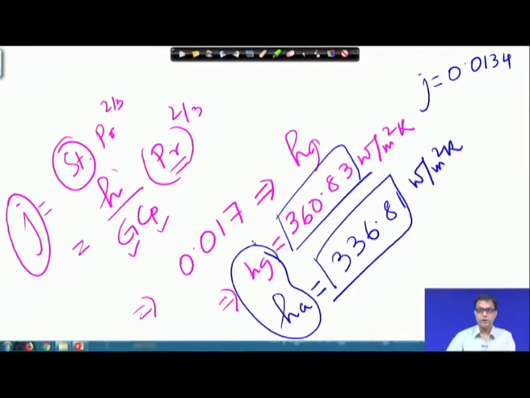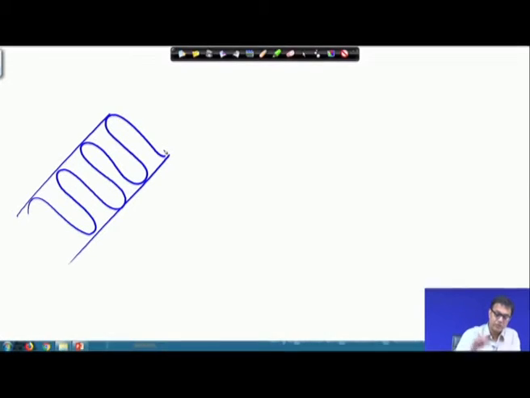Next, we need to find out the overall fin efficiency. Since the fins are connected between the plates, we need to also know the fin efficiency so that we can put that in 1 by UA.